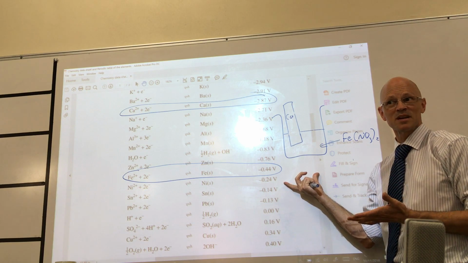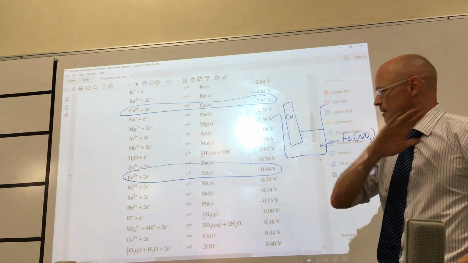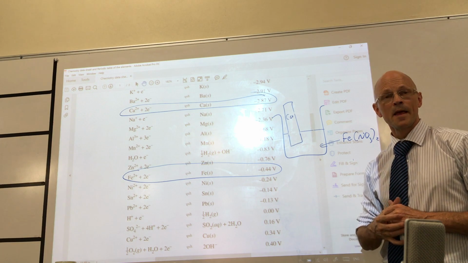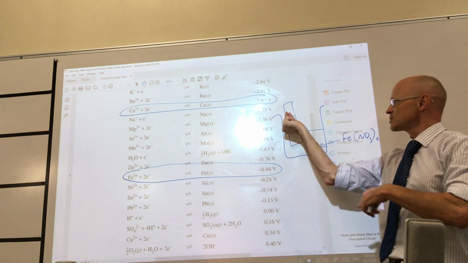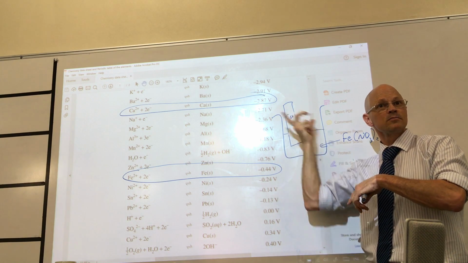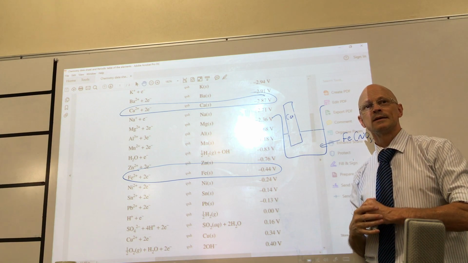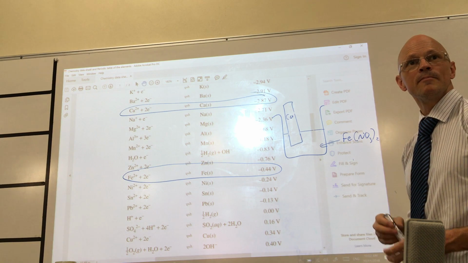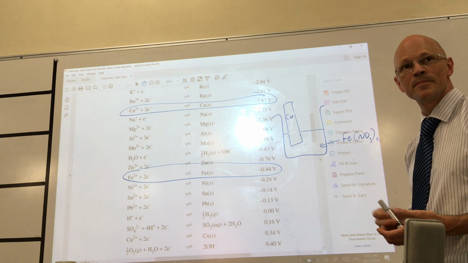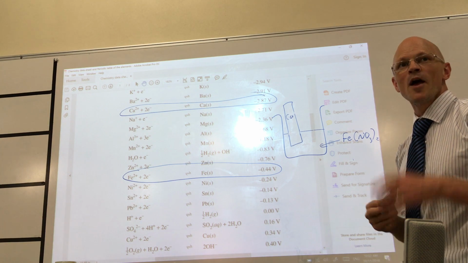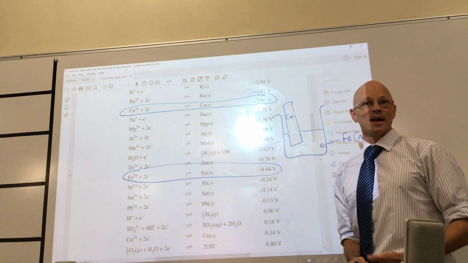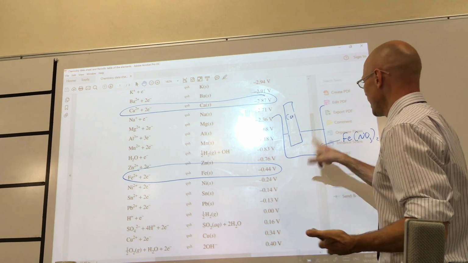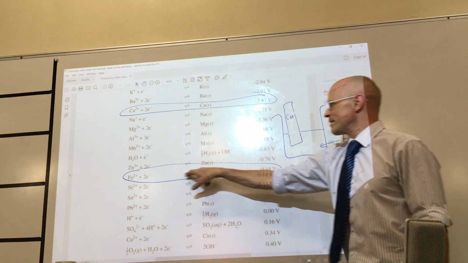If two half reactions have the same voltage, then if you had those two together, there's not going to be a reaction whatsoever.